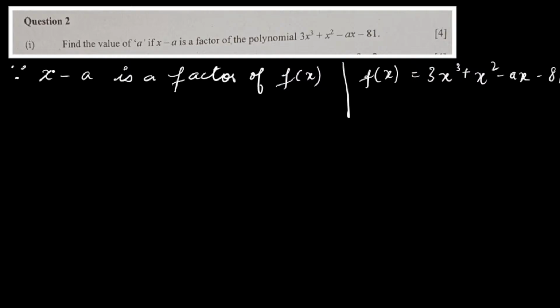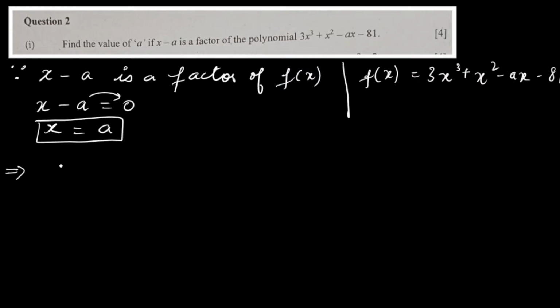Since x minus a is a factor, first we find the value of x by writing x minus a equals 0. Therefore x equals a, if we shift minus a to the other side.